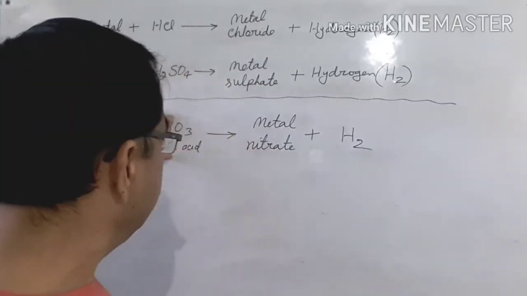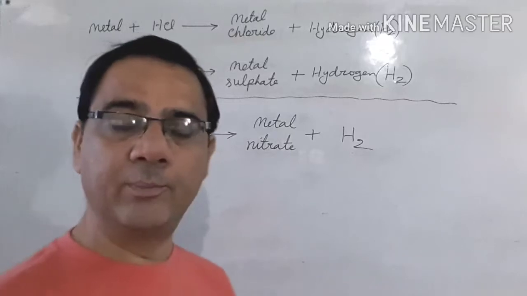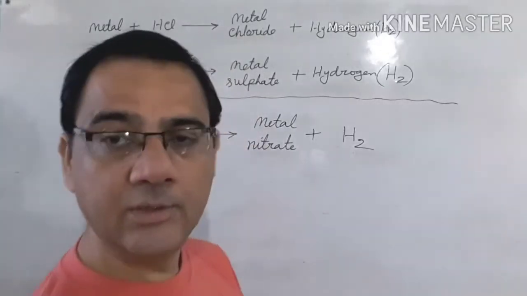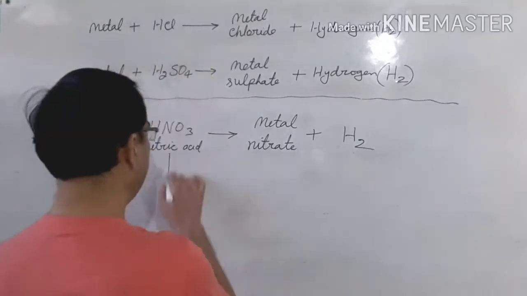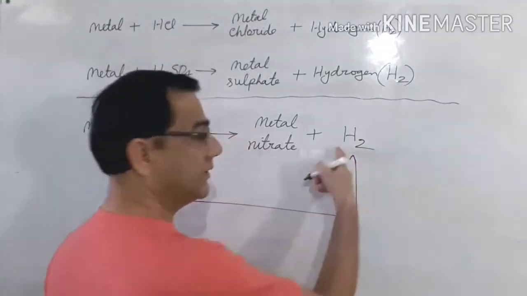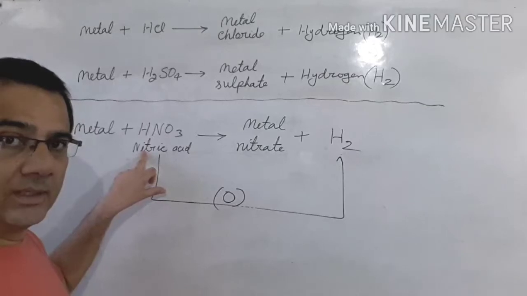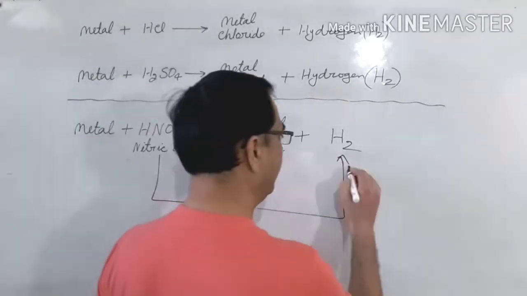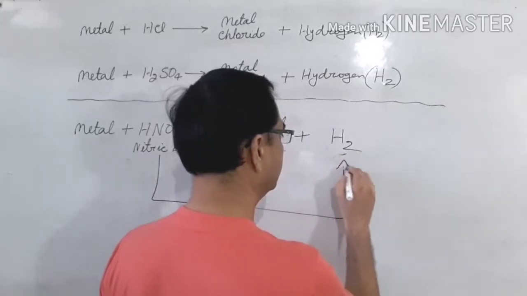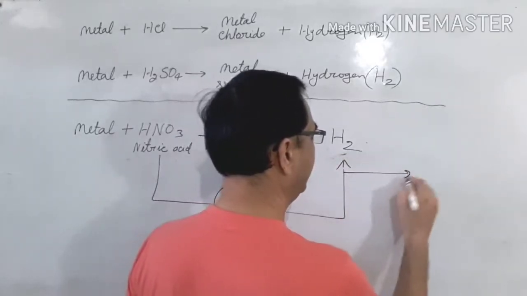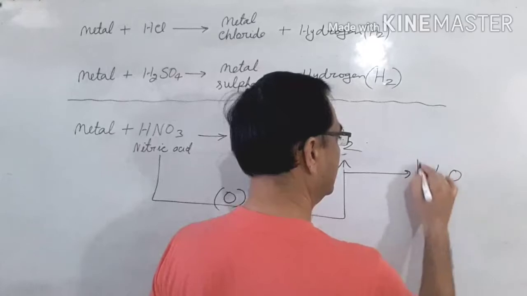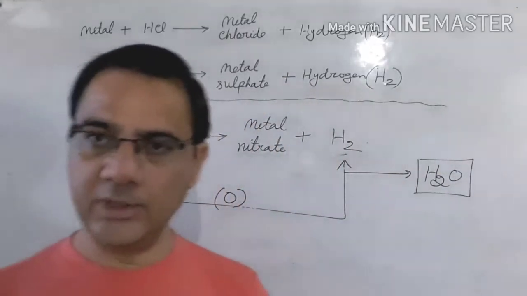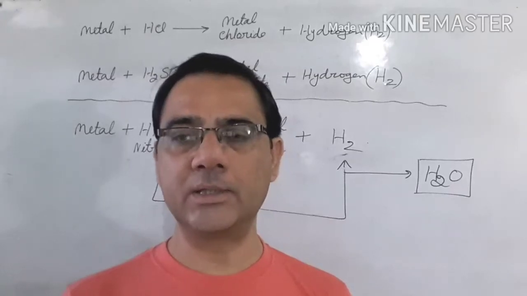So nitric acid at once provides oxygen during the process, and that oxygen at once reacts with the hydrogen, and it forms water. So instead of getting hydrogen, we get water in this case.